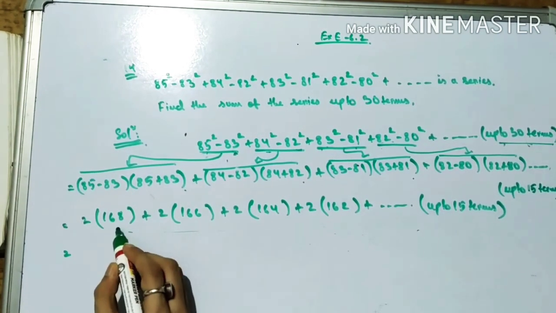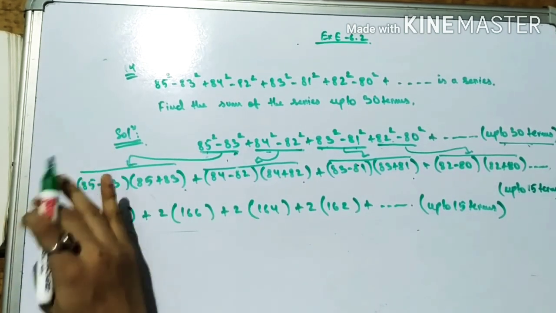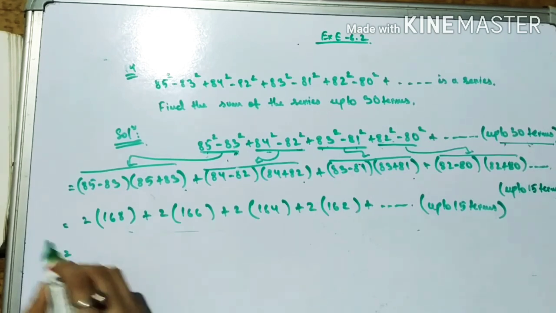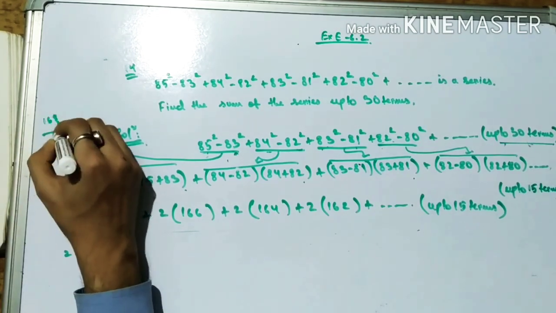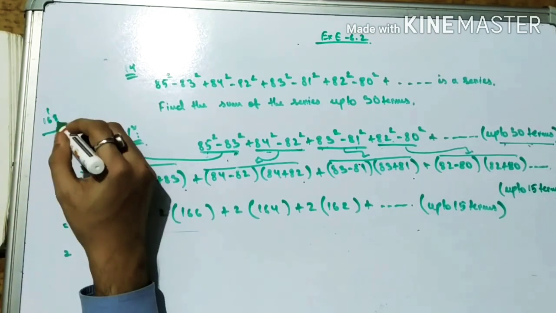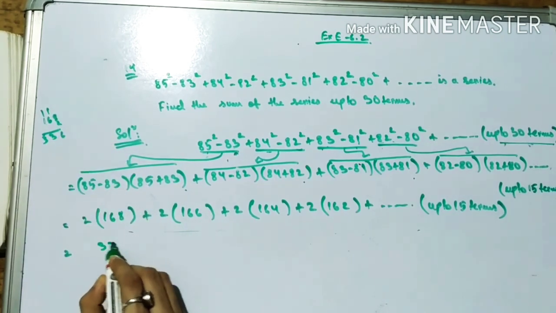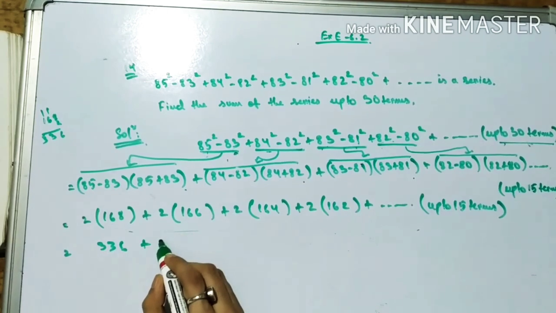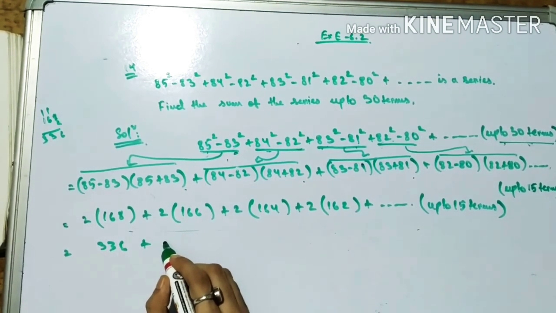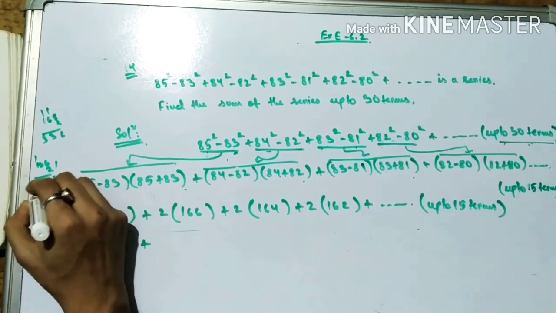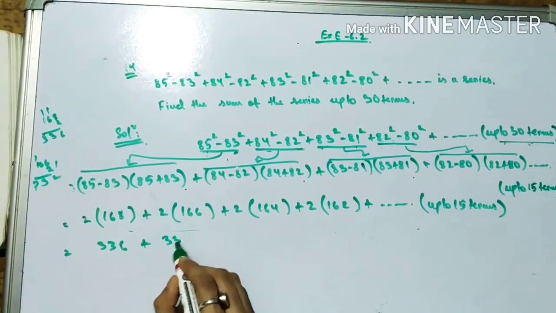Now if I multiply 2 into 168, I will get 336. Plus this one, 166 into 2, I will get 332.